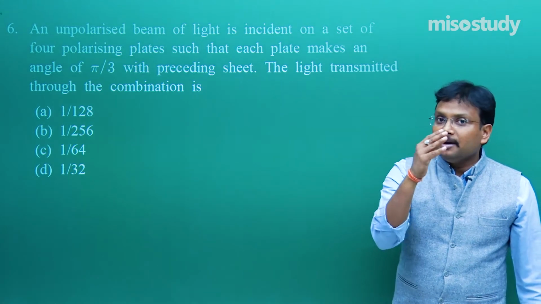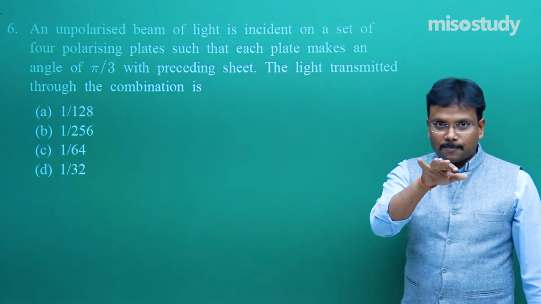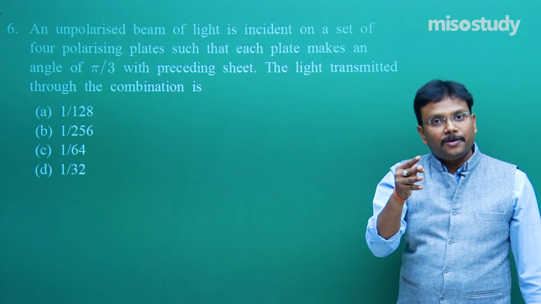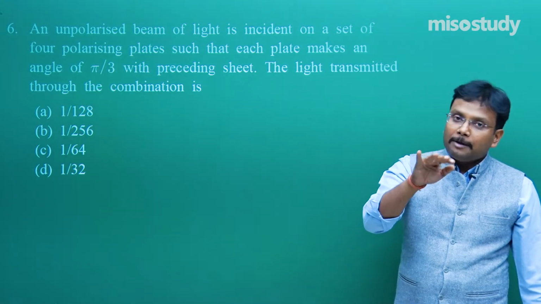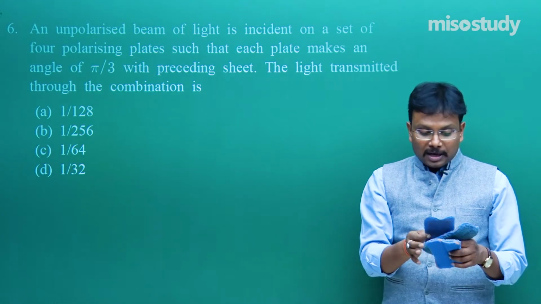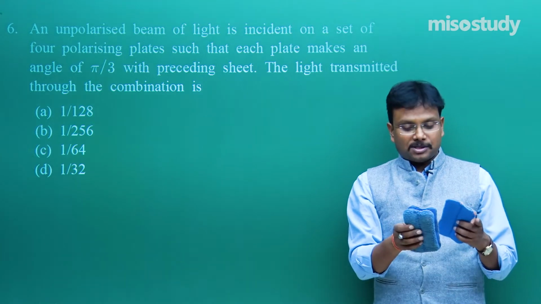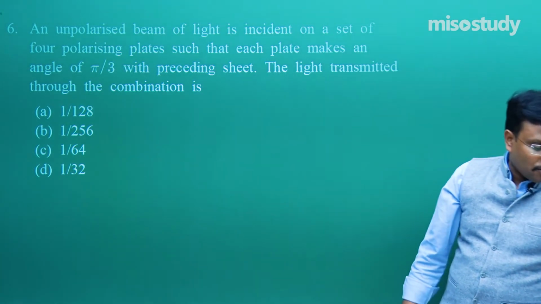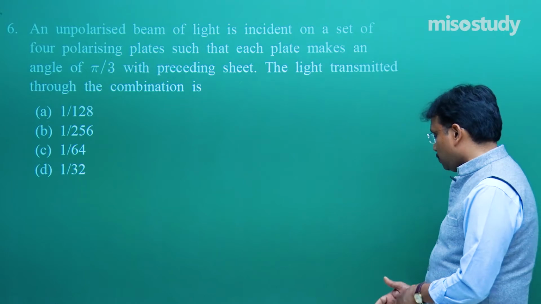So second at pi by 3 with first, third at pi by 3 with second, fourth at pi by 3 with third. Keep this simple aspect in your mind. Now with this we are starting our discussion.